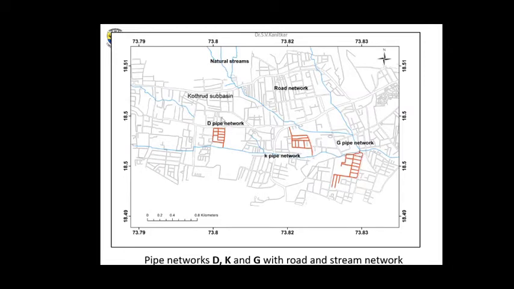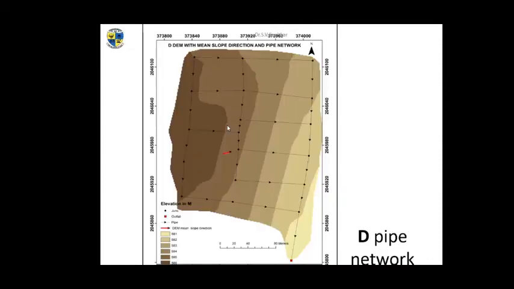Now while designing, you have this mixed network with all connections along the road, and what I did was develop an algorithm in Python. You can see over here the small contributory area and the digital elevation model along with the actual mean direction slope shown in red.